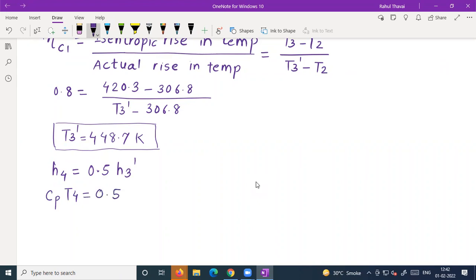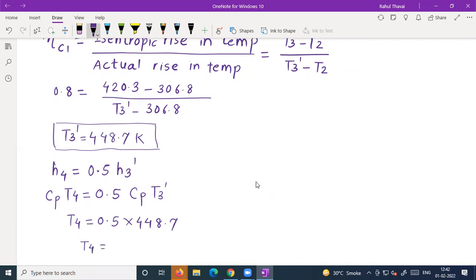It is 0.5 times Cp into T3 dash, because H3 dash is nothing but Cp into T3 dash. So what will we get for T4? The Cp gets cancelled. What is remaining is 0.5 times T3 dash that we have just calculated, that is 448.7. So by solving this, we'll get the value for T4.